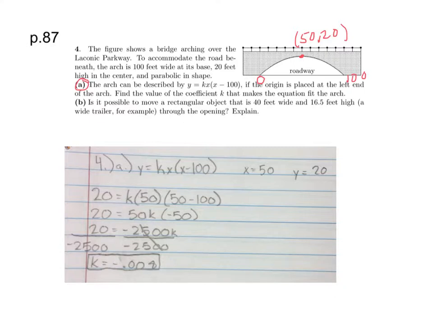And y is 20 because it's 20 feet high. I multiplied that by that, and I combined those. It gave me 50k times negative 50. So I multiplied these two together and got negative 2500k, and divided that on both sides, which gave me k equals negative 0.008.